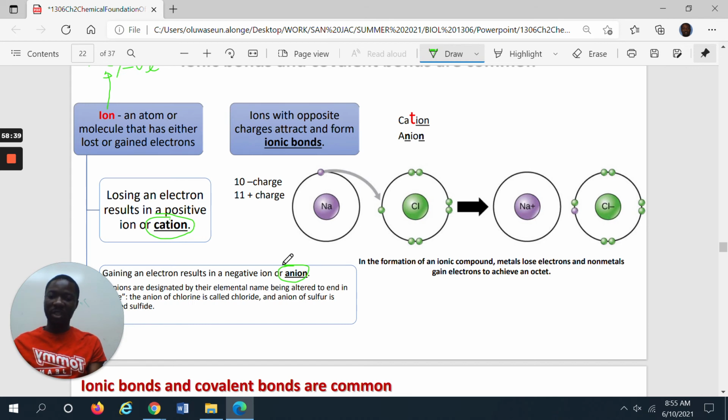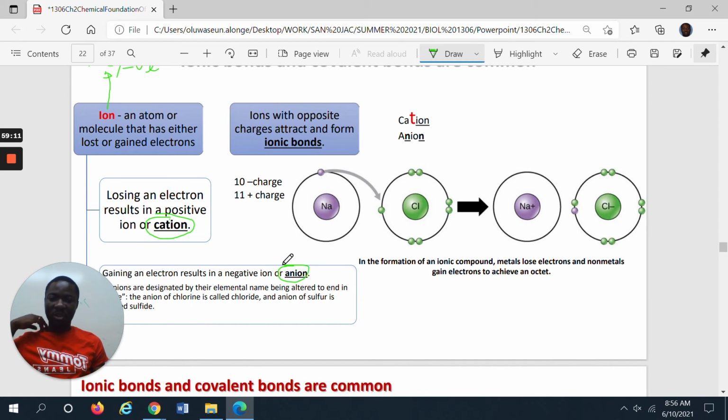Your vehicle is negative at that time because you have credit with the dealership. You are going to pay the credit on it. You still have debt on it. It's a debt. But when you lose that debt, you become positive. So that's the way it is too. When you lose electrons, you become positive, right? Because electron itself is a negative charge. So when you lose negative charge, you become positive.